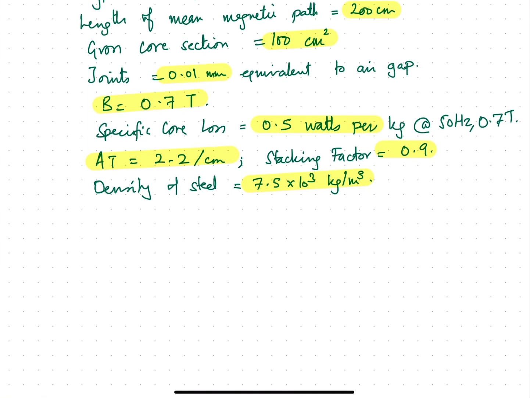So here, the first step is we calculate the total MMF, the total magnetic motive force, and as we discussed in the last class, it is denoted by AT0, and it is a sum of 2 ATi Li plus 2 ATy Ly plus the MMF for joints.